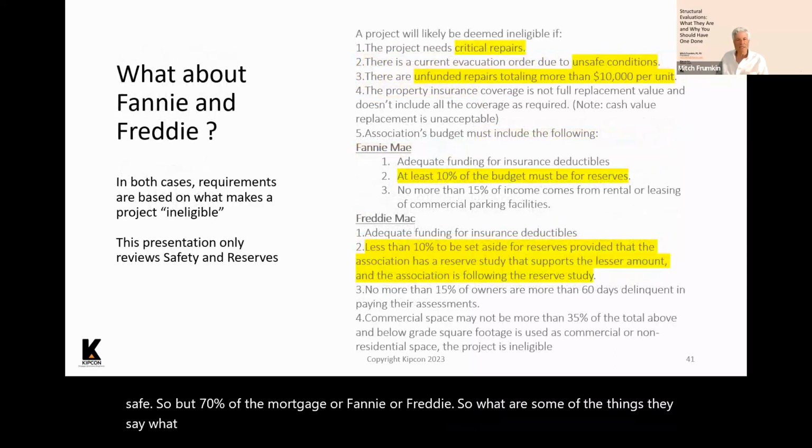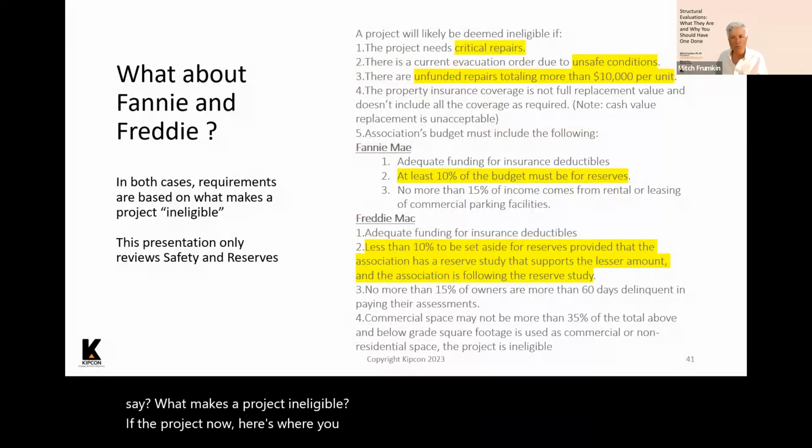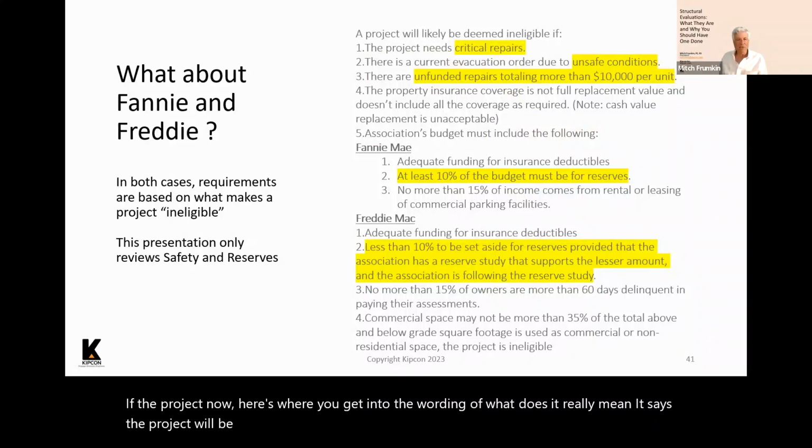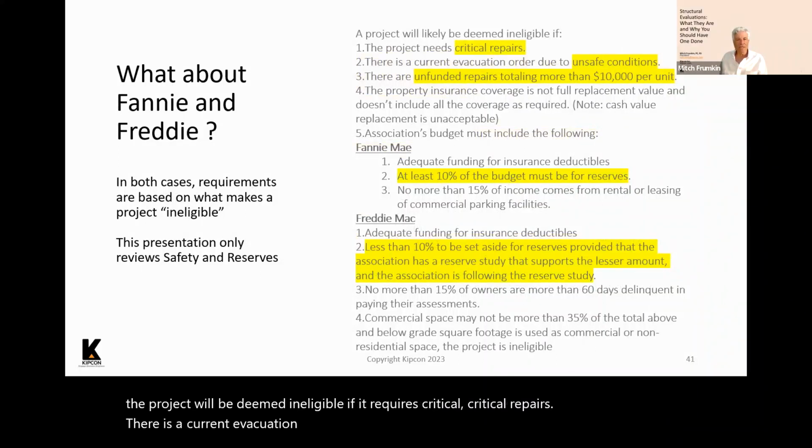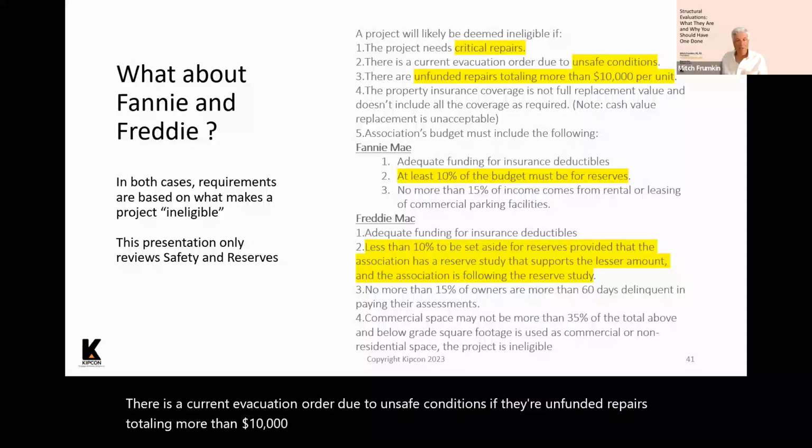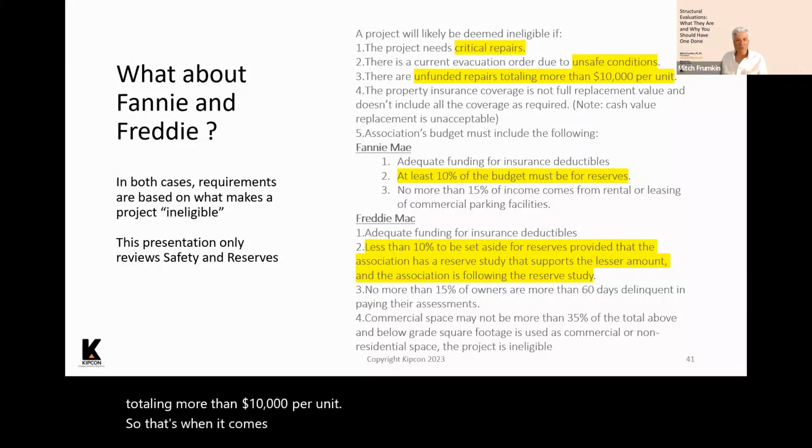What makes a project ineligible? Now here's where you get into the wording of what it really means. It says the project will be deemed ineligible if it requires critical repairs, if there is a current evacuation order due to unsafe conditions, or if there are unfunded repairs totaling more than $10,000 per unit. So that's when it comes to the physical property.